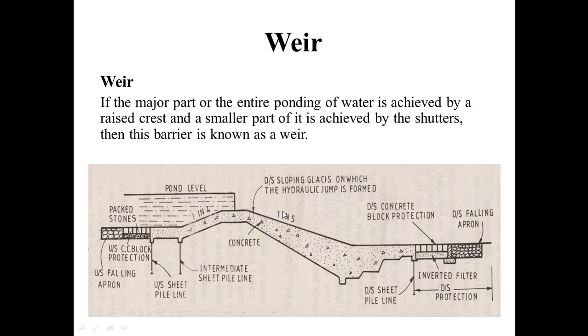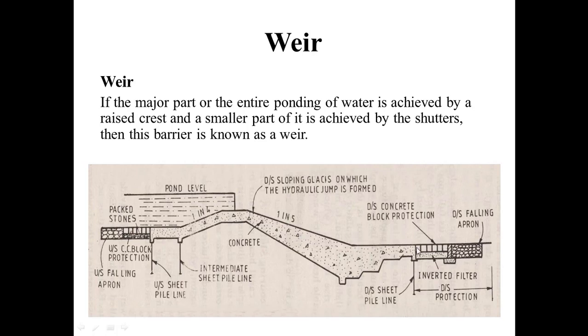On the downstream side a slope of 1 in 5 is provided. It also depends on your design and requirements. This whole construction is done of strong material. In this case it is done of concrete.